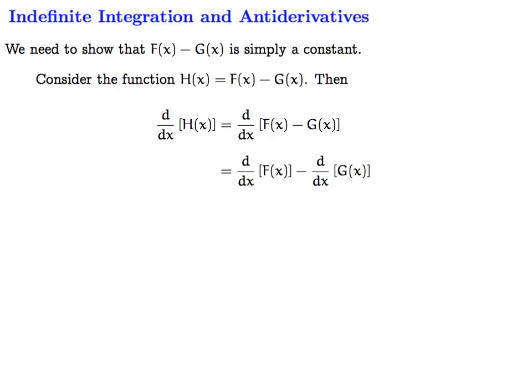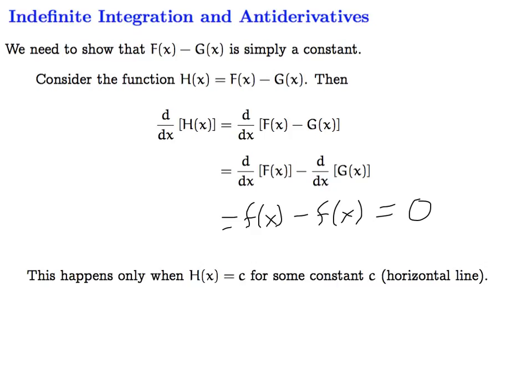Since both of these are antiderivatives of f of x, both of their derivatives are just going to be f of x. Therefore, when we take their difference, we get 0. So the derivative h prime of x is equal to 0, but this can only happen when h of x is a constant. It's just a horizontal line, which means that the difference between these two things really is just a constant.